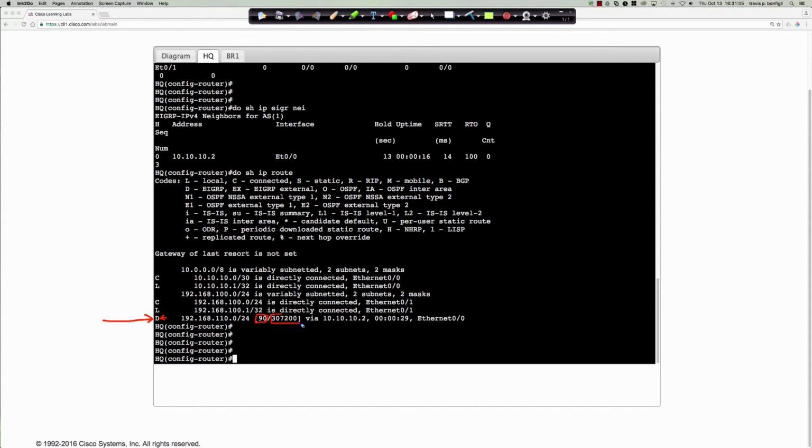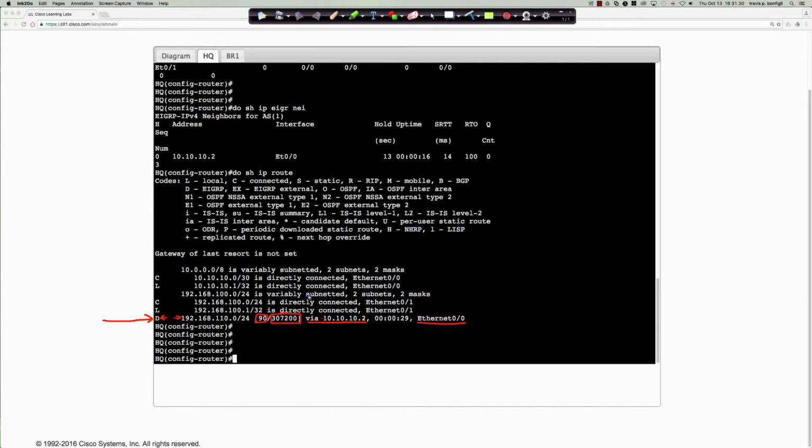There is my computed distance, not the feasible distance, the computed distance. You can see whom we learned it from. That is the successor, right? The successor, the next hop router, and the interface on which it was learned. That is the IP 192.168.1.0, or I should say, that is the successor route to that network.